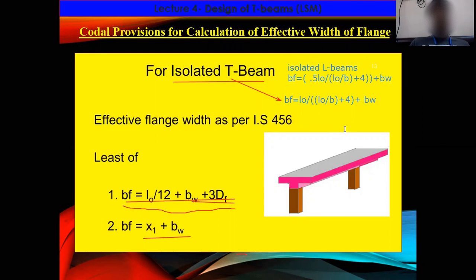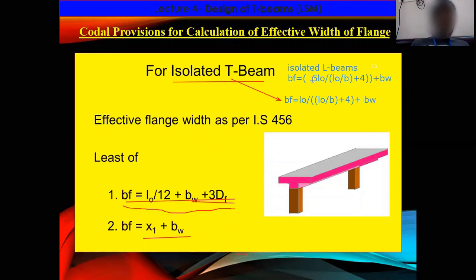So this is the equation to determine the effective width of the flange for isolated L beams, that is 0.5 l0 by (l0 by b plus 4) plus bw. This is for L beams. And for isolated T beams, l0 by (l0 by b plus 4) plus bw. That means the isolated L beam term is half of the isolated T beam term. If you observe the equation, it is the same at this point.